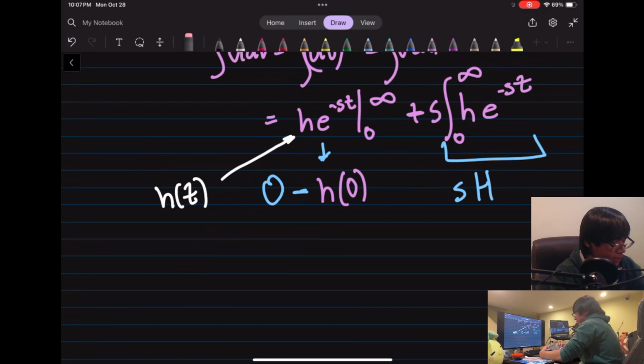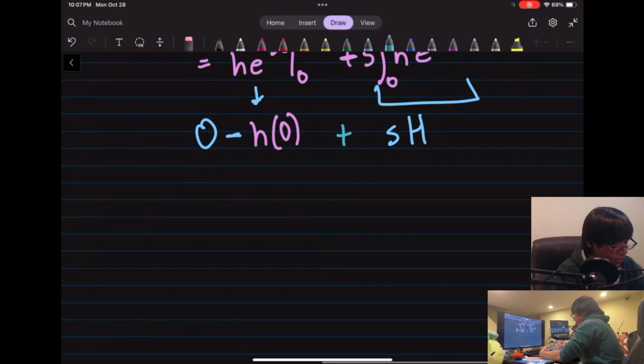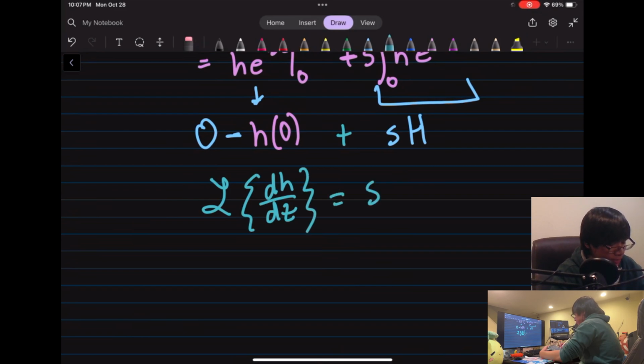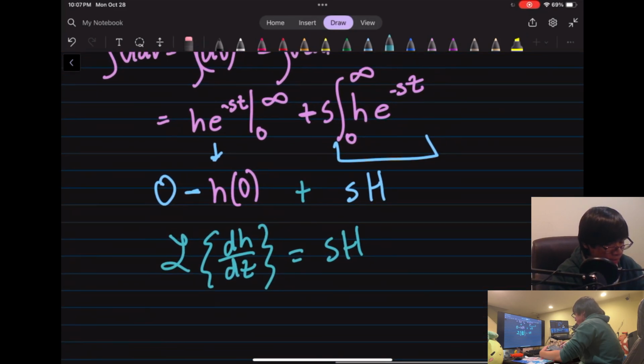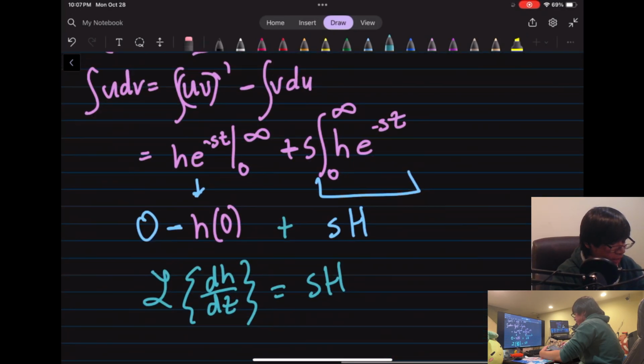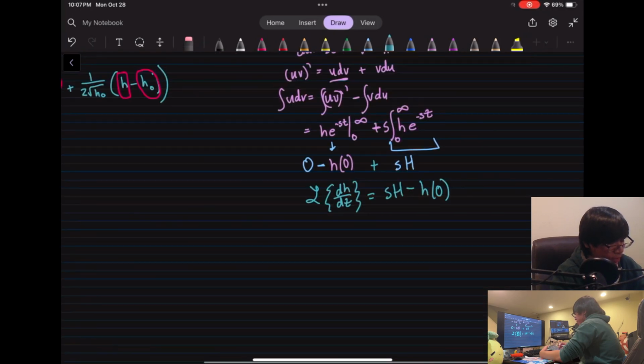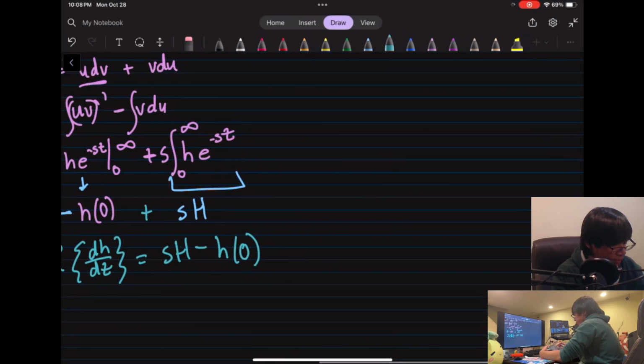So with that being said, our final expression is the Laplace of dh dt is simply s times the Laplace of h minus the initial value of h. Also do Laplace of a constant.